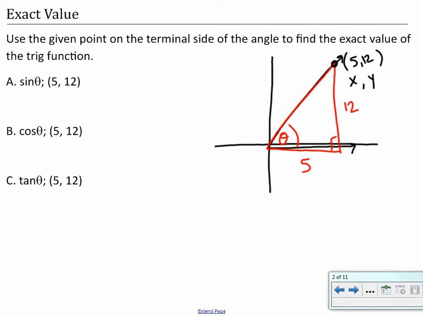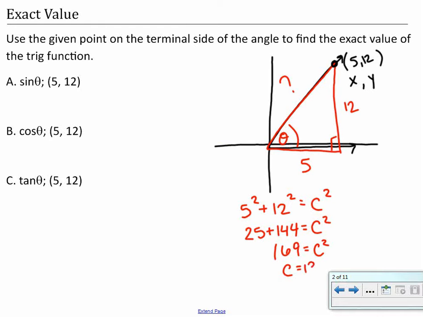But before I do that, I need to know the hypotenuse, this missing side, because sine and cosine both involve the hypotenuse. So to find the hypotenuse, I'm going to use the Pythagorean theorem. Since I have a right triangle and I know two of the legs, I can use the Pythagorean theorem to find the hypotenuse. So this is going to be 25 plus 144, 169.